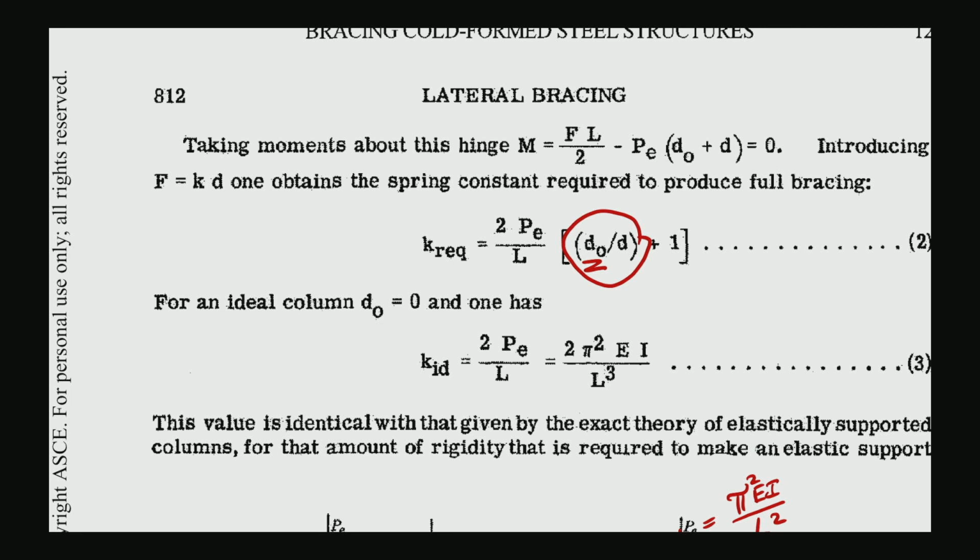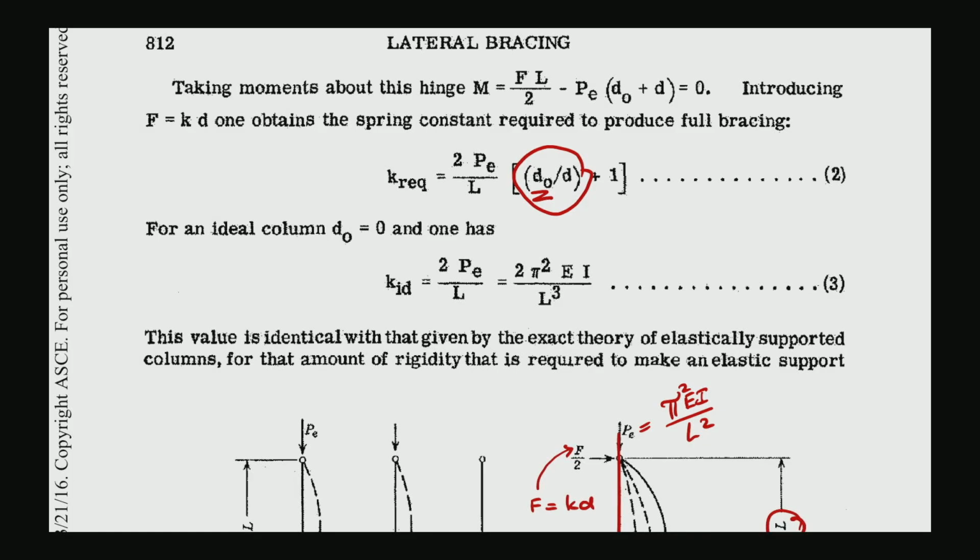You don't know d naught and you don't know d, so the d is going to happen when the system buckles. So actually, if you really want to know d, then you got to do a lot more, not just this. So this is for the simplification. Now they give up and say that, okay, for an ideal column, d naught is 0. So we just delete that term out.